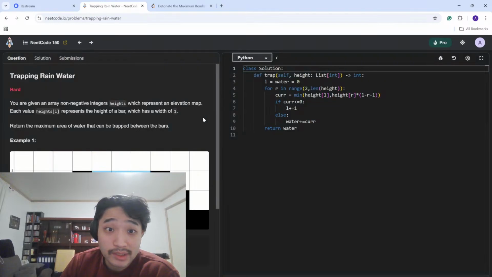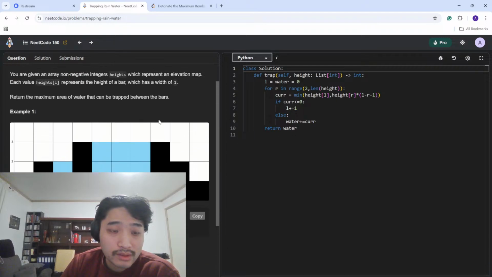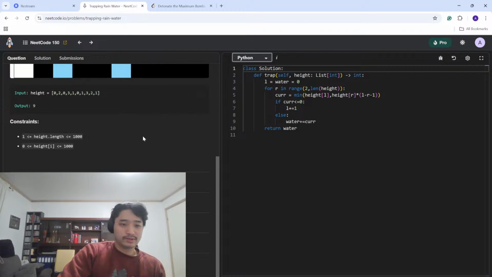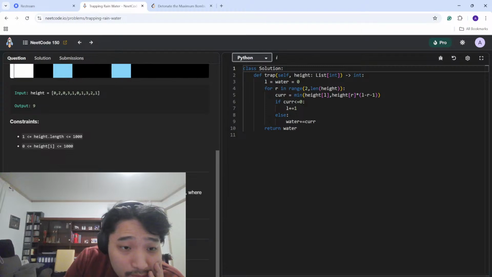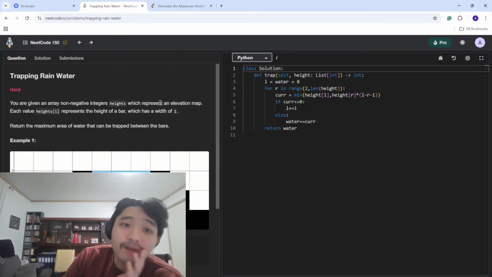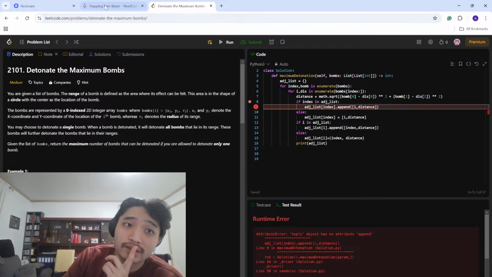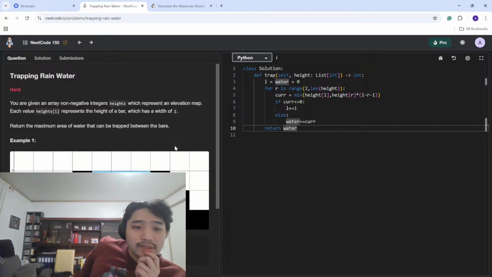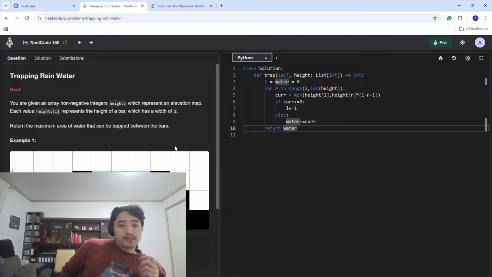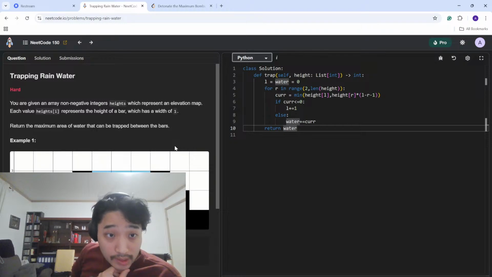Trapping rainwater, this is a hard one apparently. And this I kind of want to do. After this I'm just going to add everything to my Leetcode just to have it. Non-negative integers which represent the height.